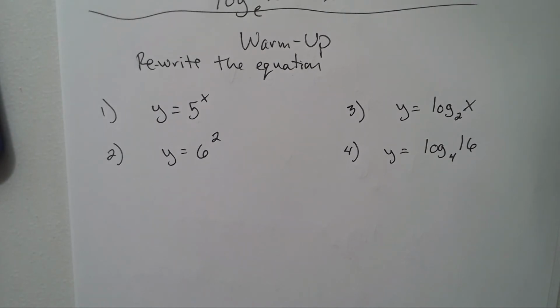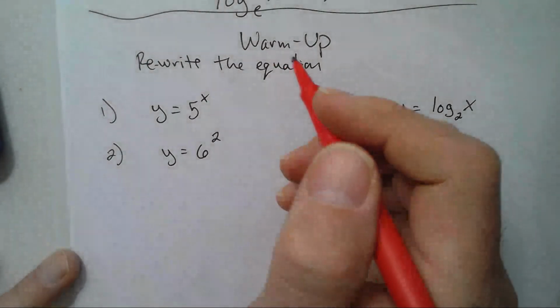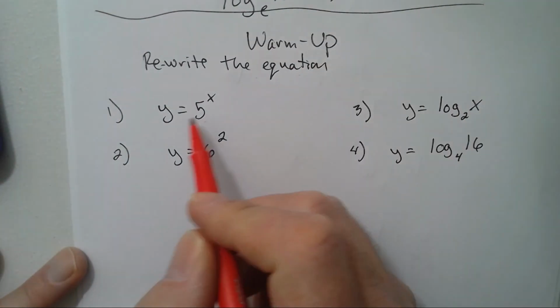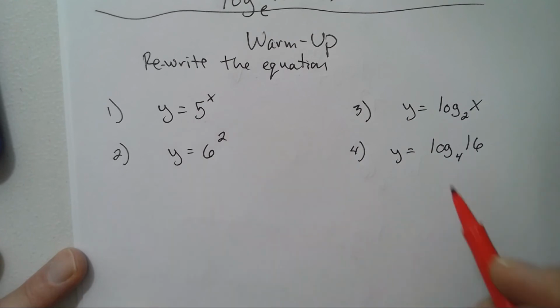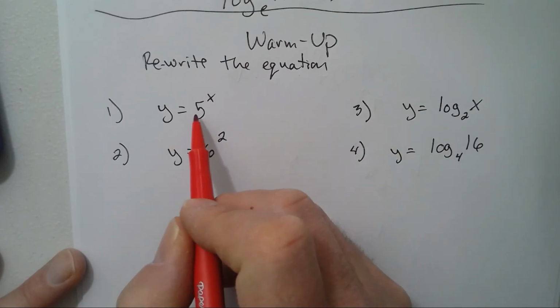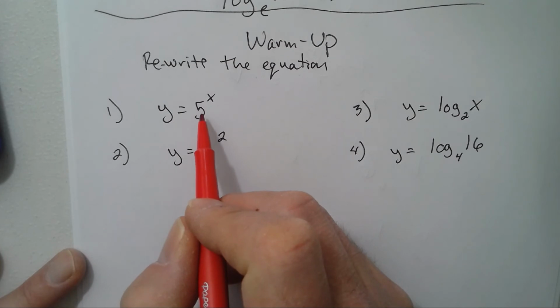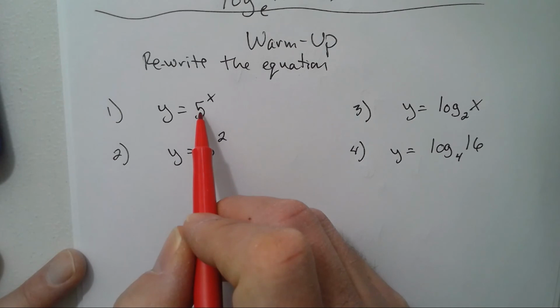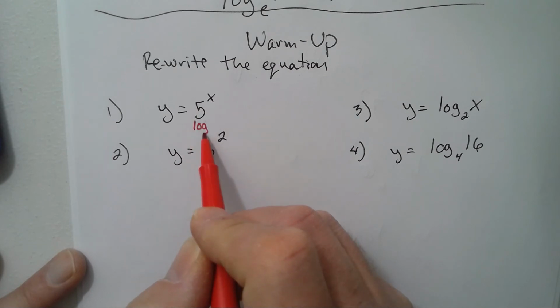Now, some of you might be out there kind of confused, don't know what you're doing. I'm hoping that more of you understand it than don't. But I'll help you with number 1 so that you could maybe go on to number 2, and maybe 3 and 4 might make sense. So if we want to rewrite an exponential, we have to do a log. The base is 5 here, so we're going to do log base 5 of each side.